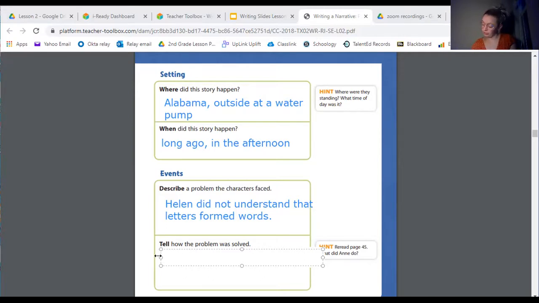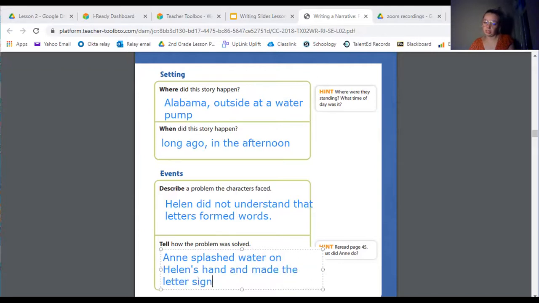I think the problem was solved when Anne splashed water on Helen's hand and made the letter signs for WATER in her other hand. Helen understood that the word was water.